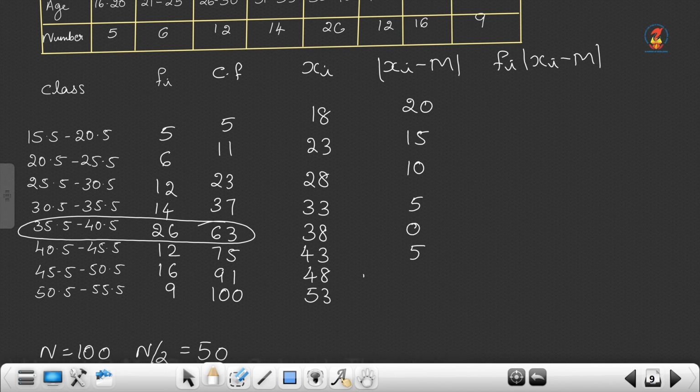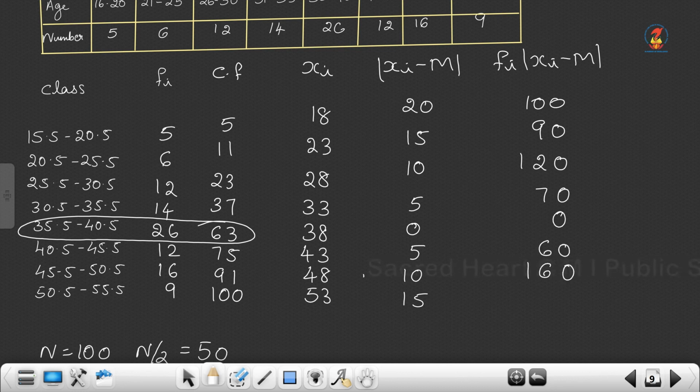Then again 5, 10, 15. Now you multiply fi into that. That is 20 into 5 is 100. Then 90, 120, 70, 0. 12 into 5, that is 60, 160, that is 135.